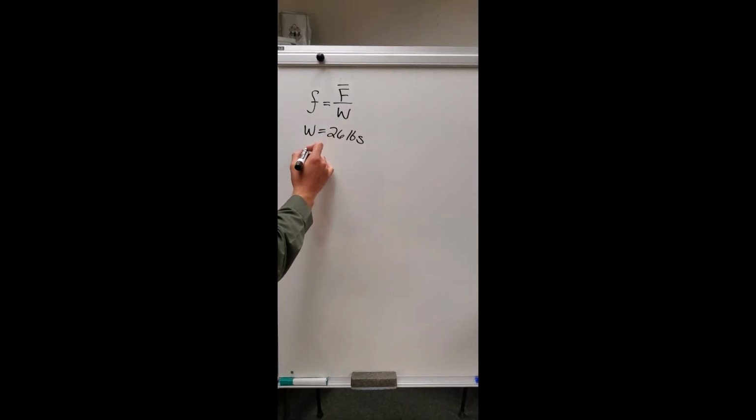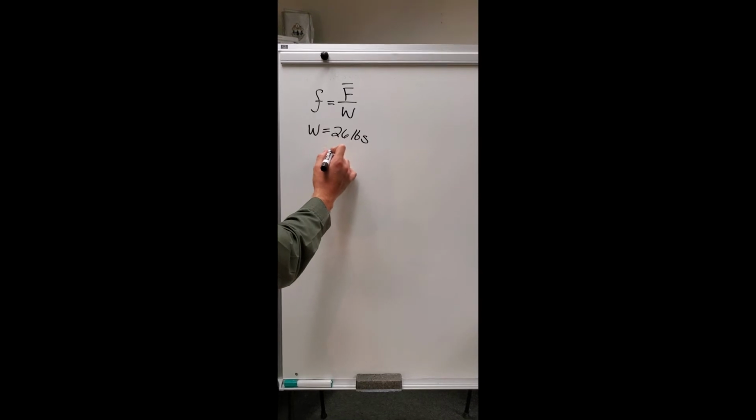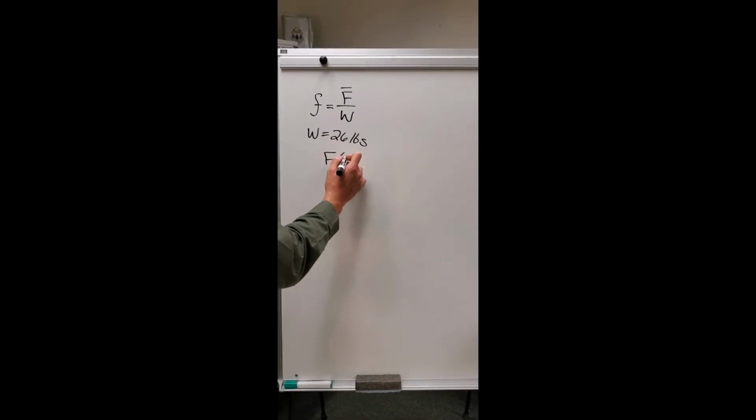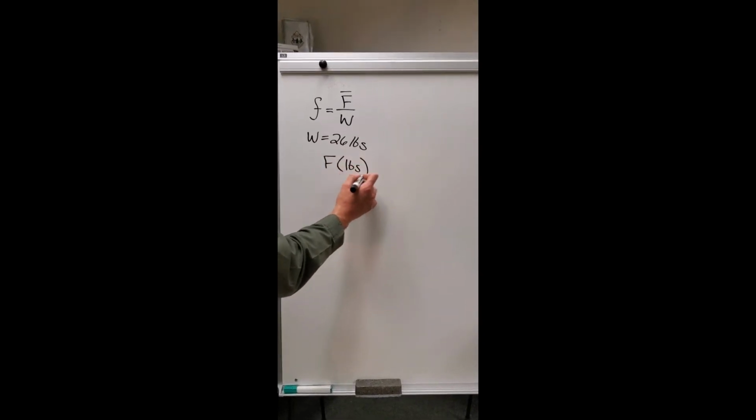Now we need to come up with what the average force was to move that drag sled. Sergeant Ballinger has the values which we're going to average right now. So we're going to say F, which stands for the force required to move the drag sled, measured in pounds.